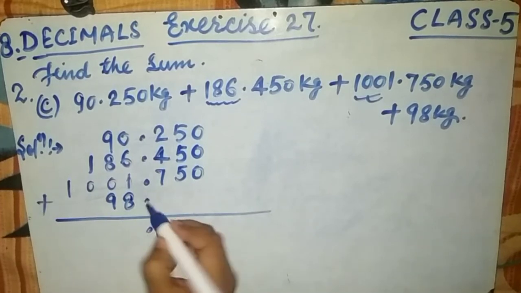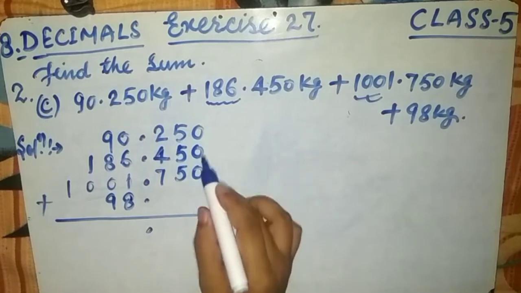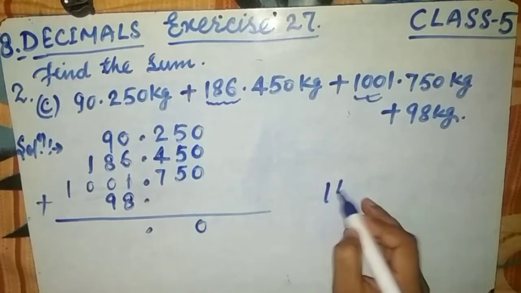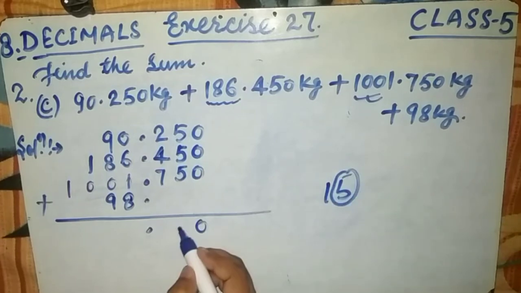Here 0, 0, 0 plus 0 plus 0 is 0. Then 5 plus 5 plus 5 is 15: 5 is here, 1 is carried.